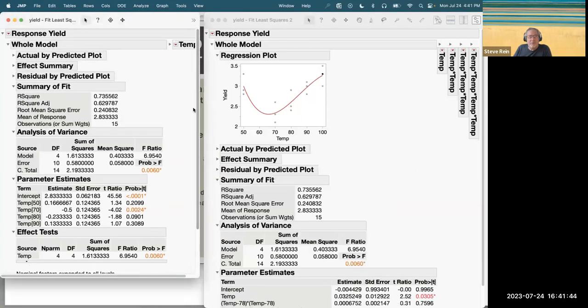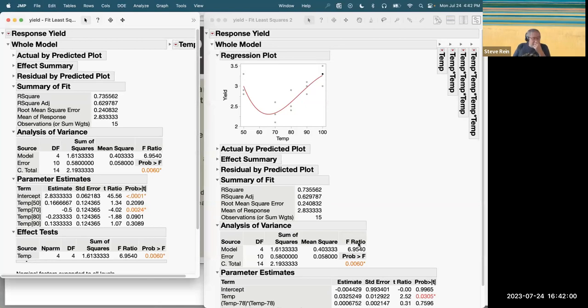But looking more carefully, our R squareds are the same. Root mean square error, the same. Mean of the response, the same. The ANOVA for the model is the same.